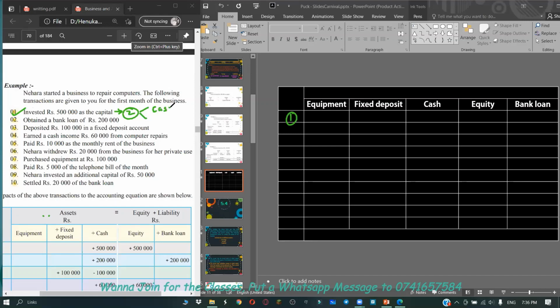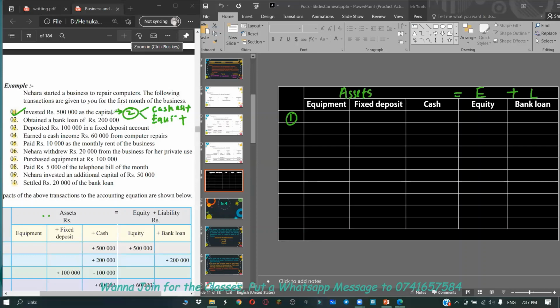Cash asset, write it down, will increase, put a plus. So equity also increases, right? This is what we call the dual impact. So now I am going to match this to the accounting equation. Assets equals E plus L, right?